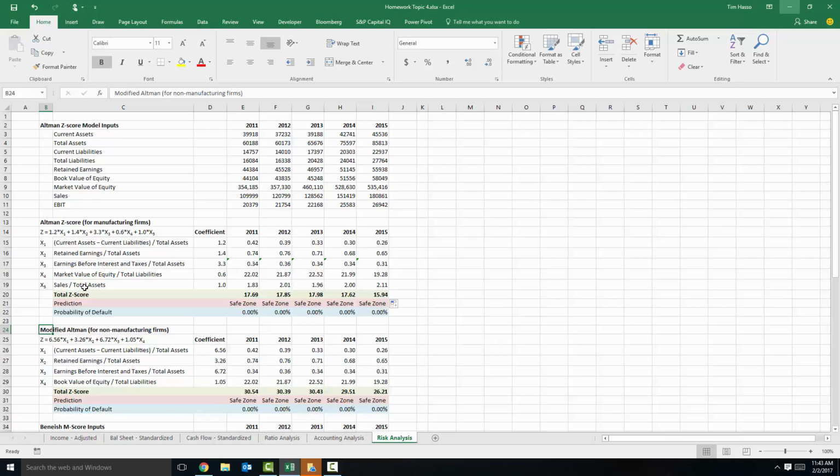That's why we drop it, and you can see that the coefficients have changed. Again, this has been pre-filled for you because I'm just referencing whatever we already calculated up here, and you can see again that to get the total z-score here is just a sum product function as well. And that effectively is the Altman model.